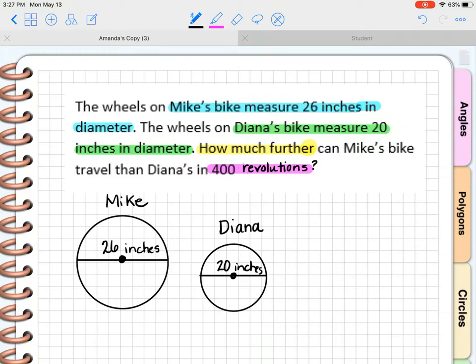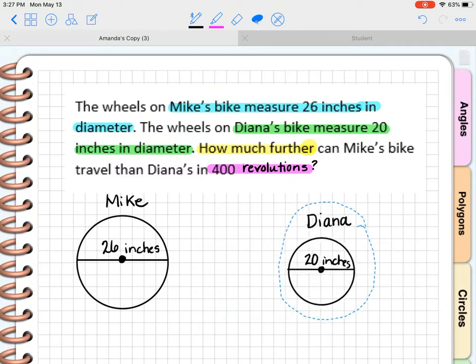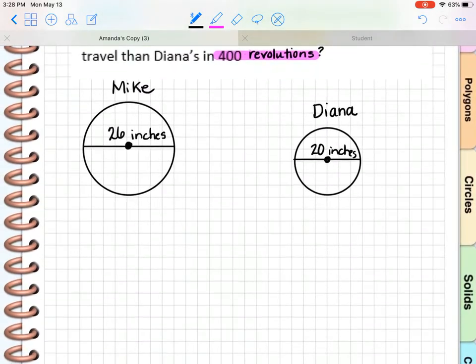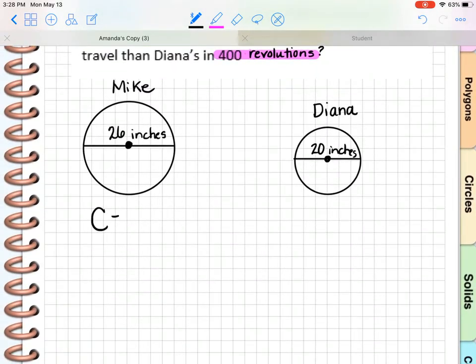The first thing that I need to realize is that if I'm talking about revolution of tires, that's circumference. So I need to get the circumference for each person's bicycle. And since I know diameter, I'm going to use the formula that I was taught in school. You can use 2 pi r. It'll work.